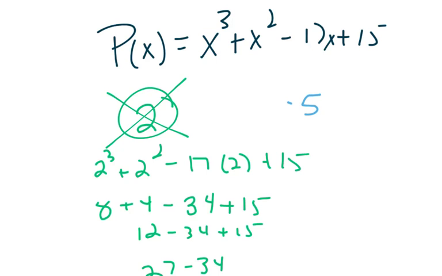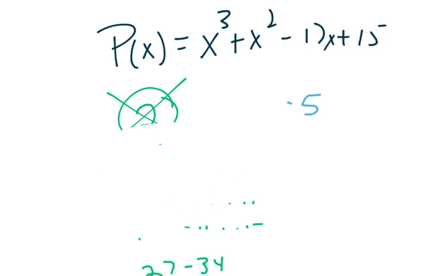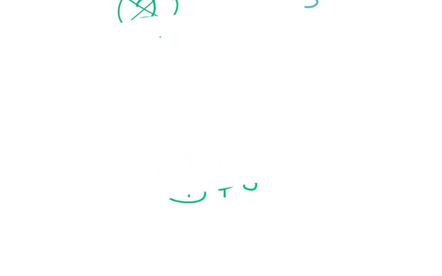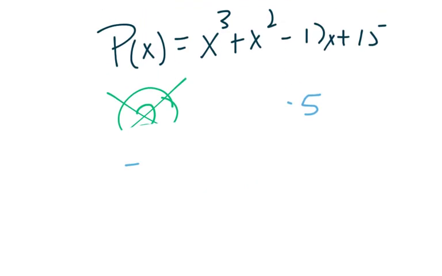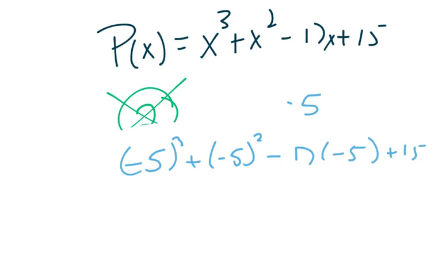All right, so let's take 2 out of the equation because it doesn't work. Let's check negative 5. We'll see if negative 5 is a solution. All right, so we plug that in. So we say negative 5 cubed plus negative 5 squared minus 17 times negative 5 plus 15. All right, so negative 5 cubed is negative 125 plus negative 5 squared is 25, because negative times a negative is a positive.